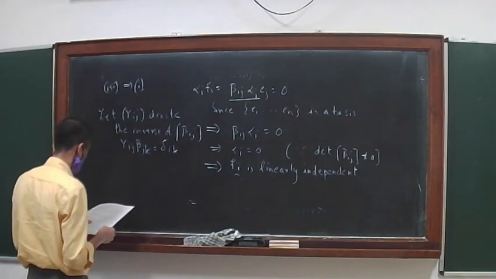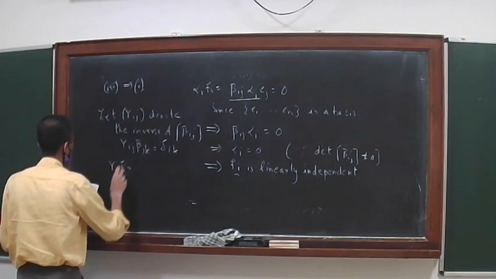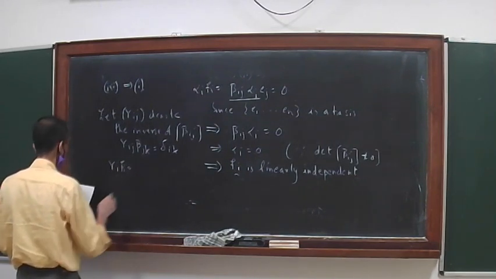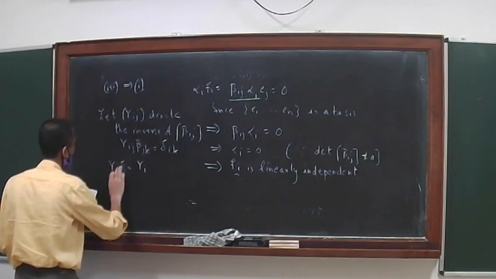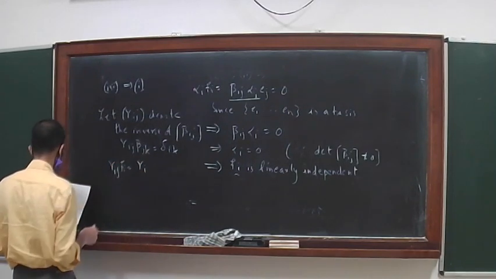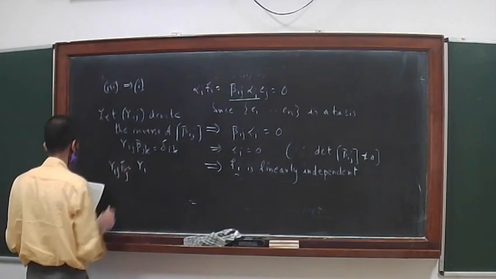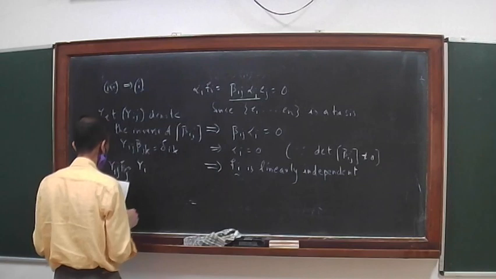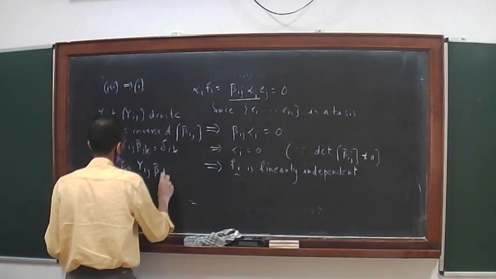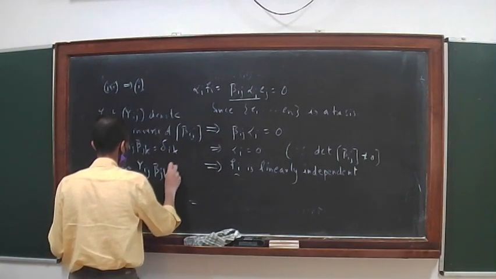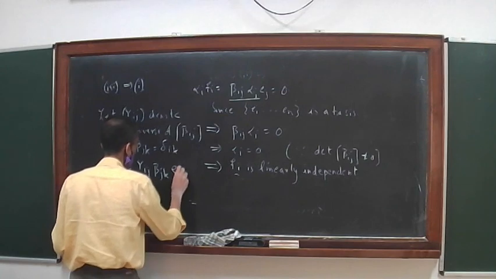Then gamma_ij f_j is equal to gamma_ij, and this I will write as beta_jk times e_k.